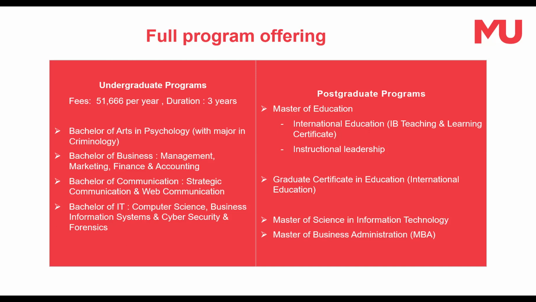In postgraduate, as you know, we offer the Master of Education program. We also offer a Graduate Certificate in Education, which is something I will cover today in our presentation. We also have a Master of Science in IT and a Master of Business Administration. So we have an MBA program as well. These are all the programs that we offer here on our Dubai campus.